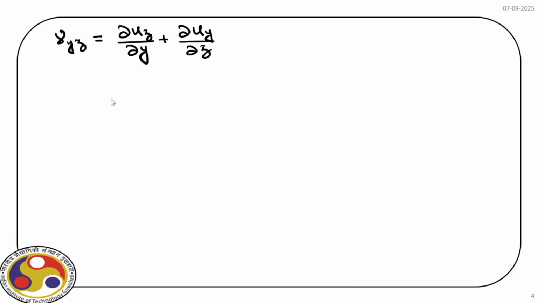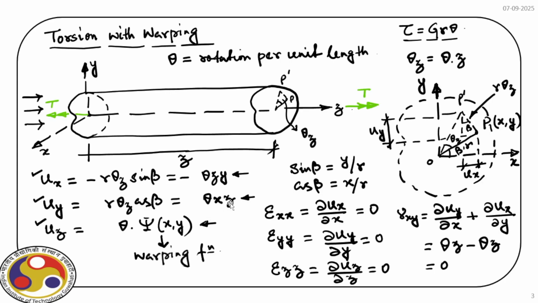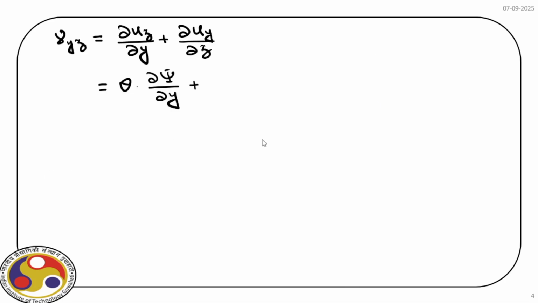So the first one, uz, we have to differentiate with respect to y. If we do that, we have theta times the warping function differentiated with respect to y, plus, if you recall, uy is theta times x times z. If we differentiate that, we'll have theta times x. So effectively we get theta within bracket.